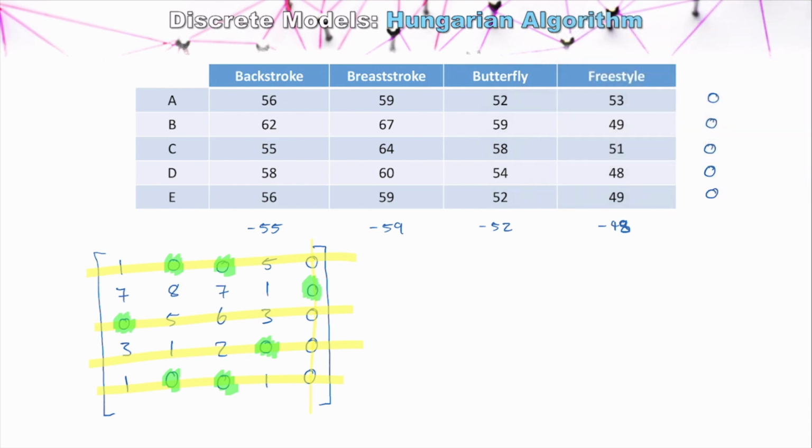So if we think about our allocation here, we've got our backstroke, our breaststroke, we've got our butterfly, and our freestyle.